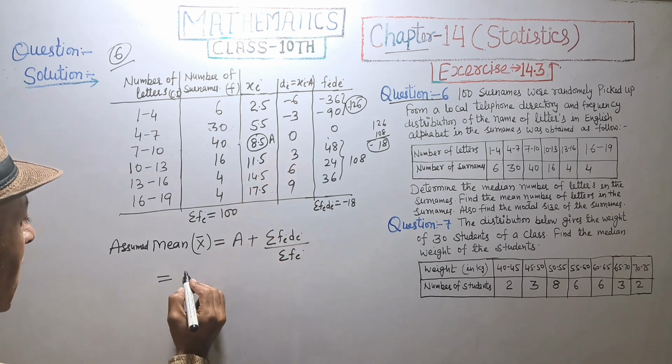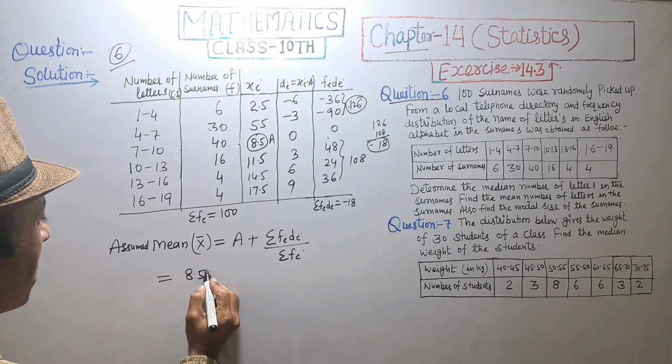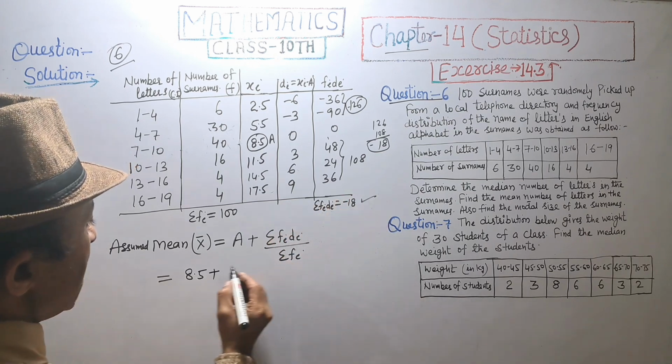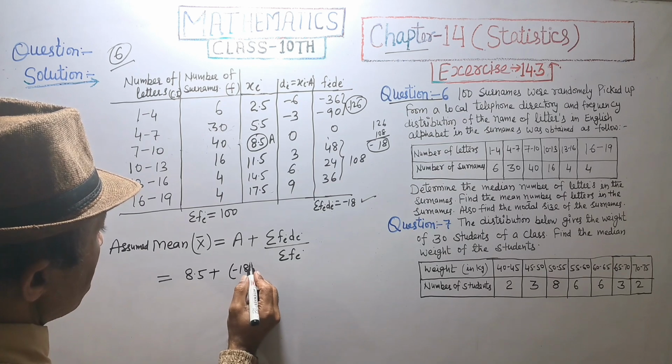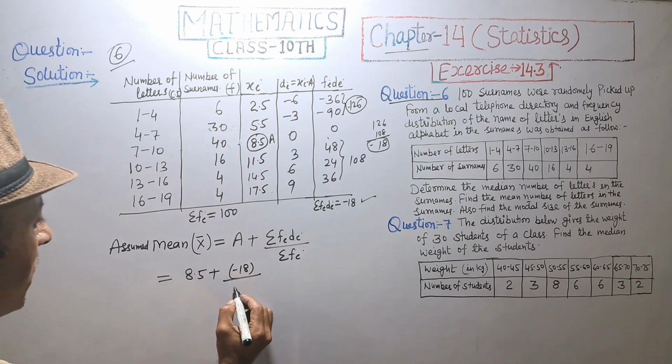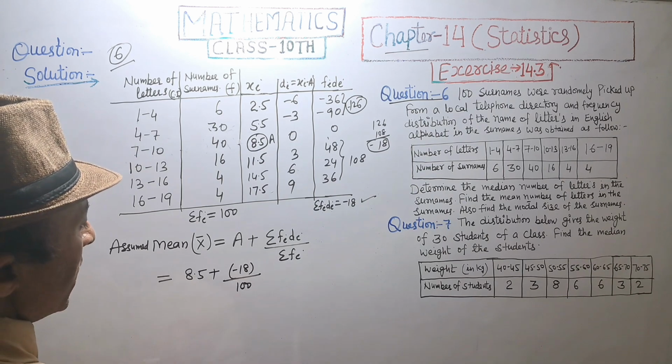Assumed a is 8.5 plus fi di, we get minus 18 divided by summation fi is equal to 100.